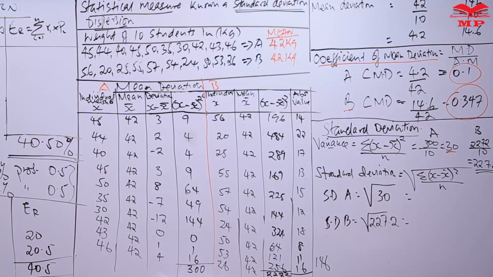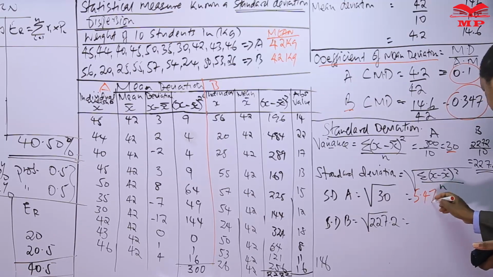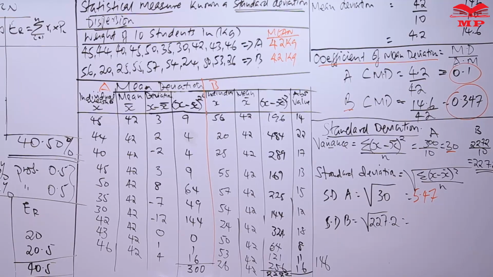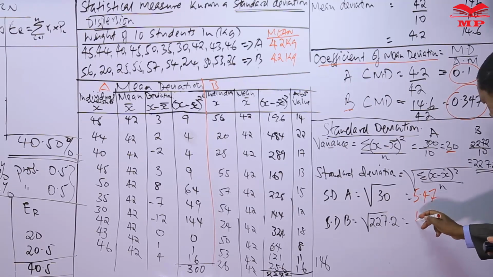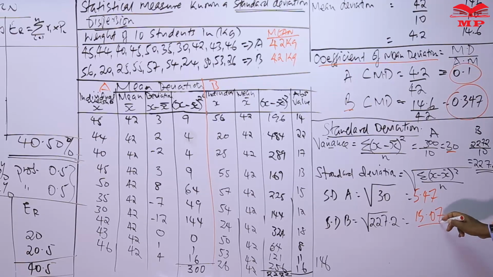The square root of 30 is equal to 5.47. Then the square root of 227.2 is 15.07. That's the standard deviation of class A and standard deviation of class B.